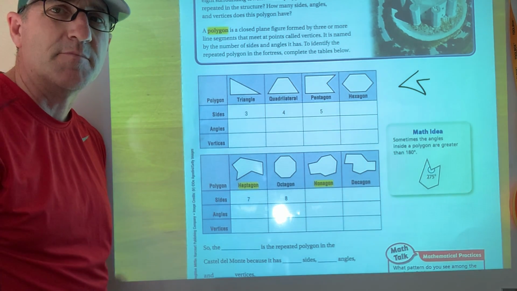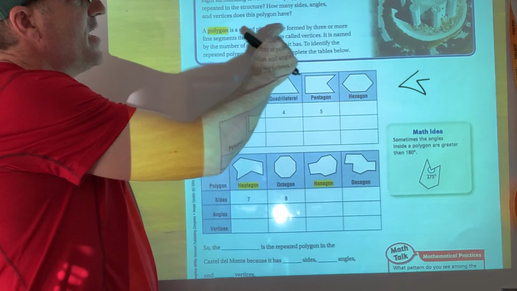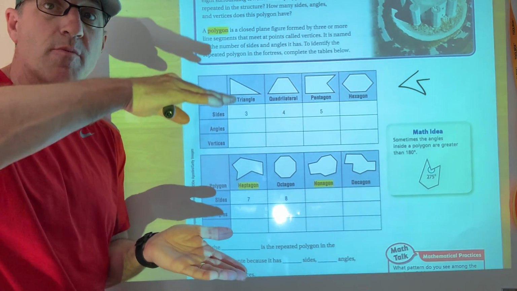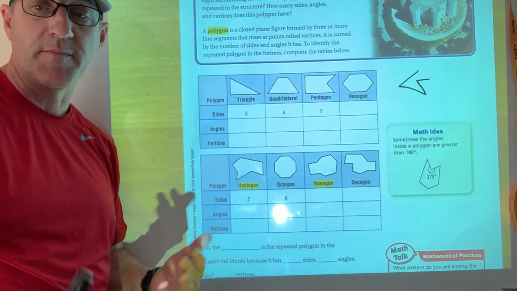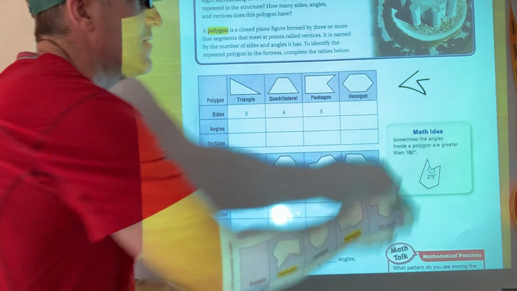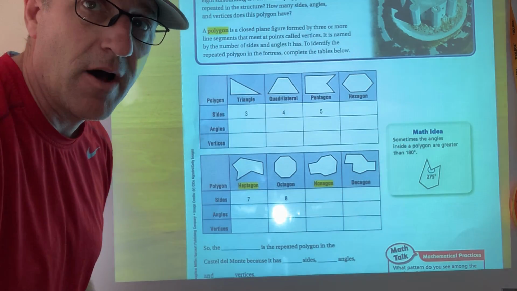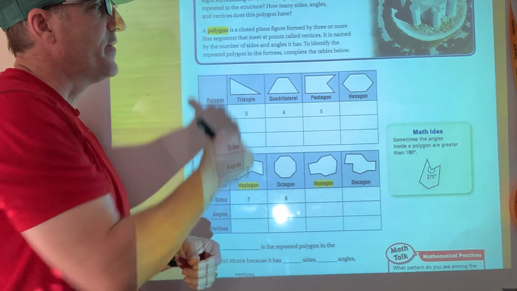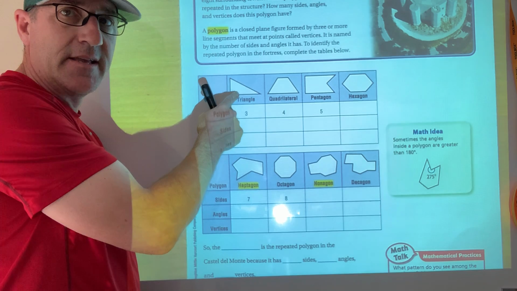So a polygon is going to be closed. And a planar figure just means that it's 2 dimensions. It's flat. It's not like a cube or something that's got volume, right? Just 2 dimensions, length times width when we find area. We'll talk about things that are in 3 dimensions later. So a closed planar figure means that it has no openings in it and that it's flat.